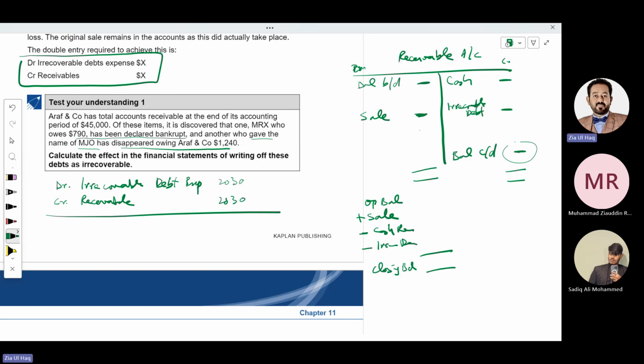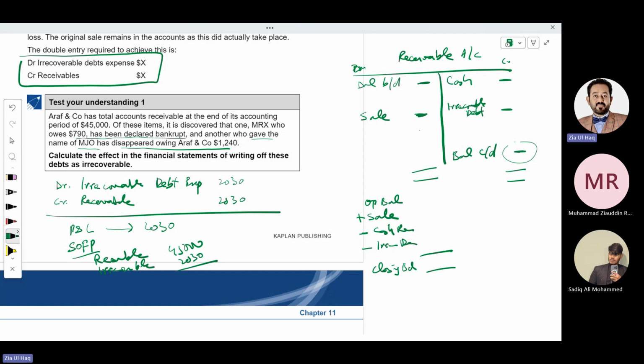This means in profit and loss account, we will record 2030, and in statement of financial position under asset, we will record receivable with how much amount? 45,000 less irrecoverable debt of how much? 2030, with the remaining amount receivable should be recorded.